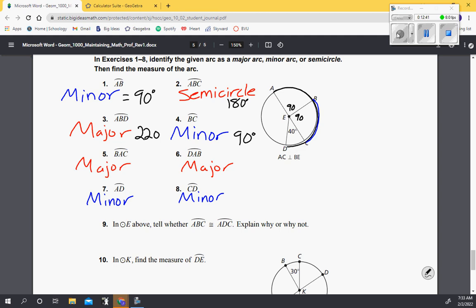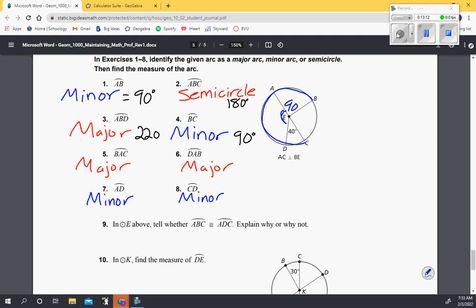BAC. Okay, BAC goes all the way around, B to A to C. We know this is 90. We know this is 90. We know this is 90. Okay, we have to find this angle here.